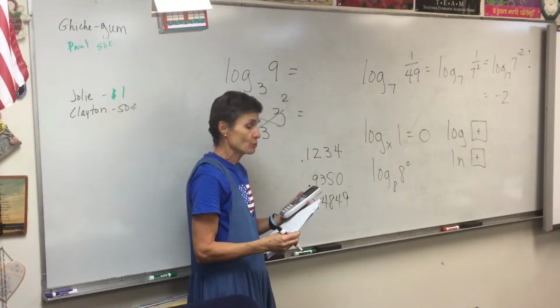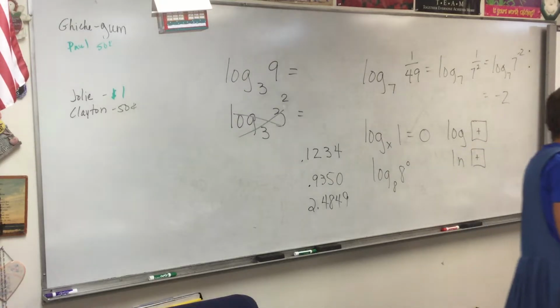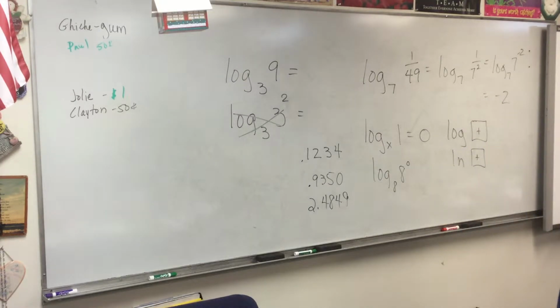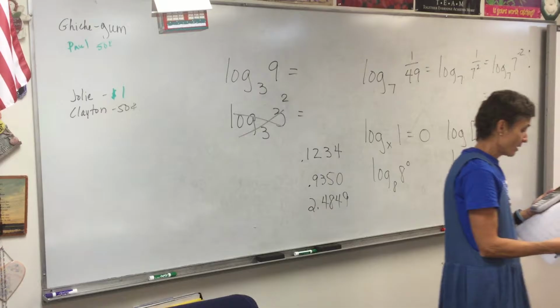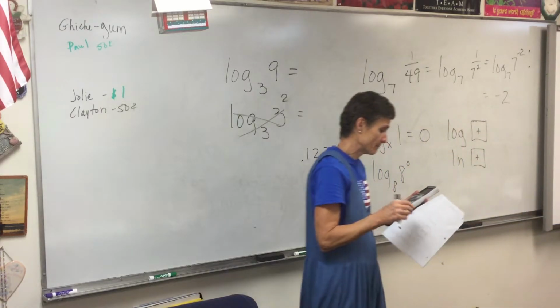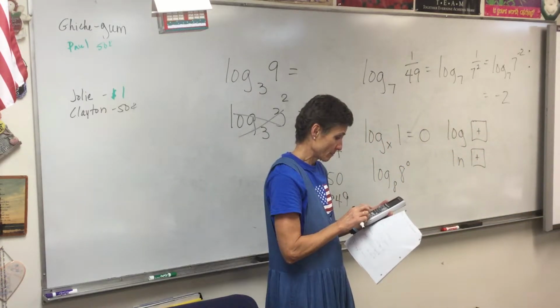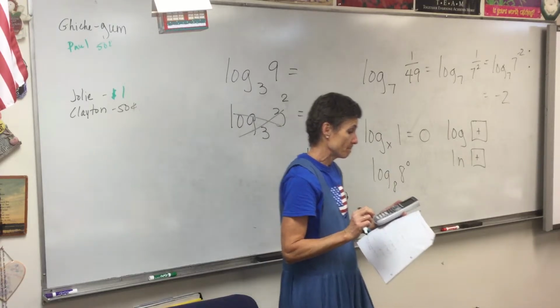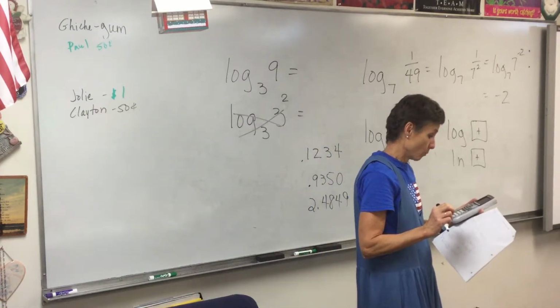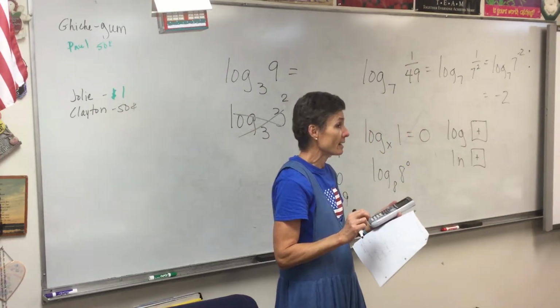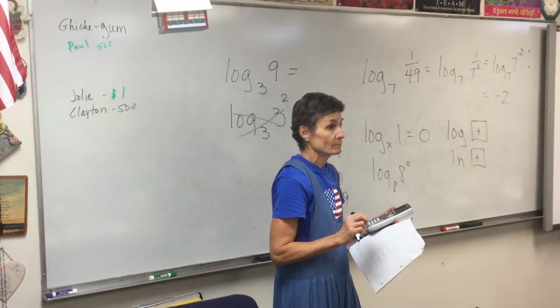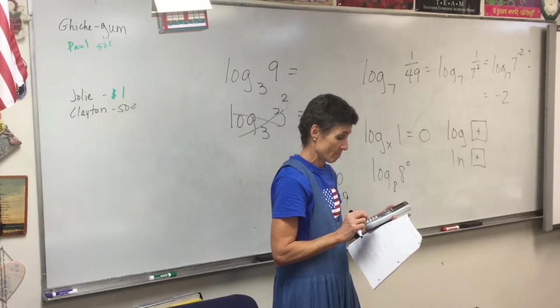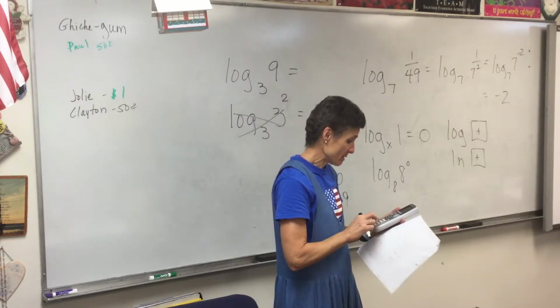Some of you are going to notice that. Some of you are going to go ahead and type it in. If you type it in, it gives you an error message, right? No solution. Okay, did you get an answer for D? What'd you get? 1.1895. How about E?